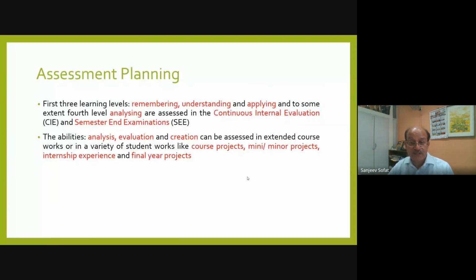No. This is where assessment planning comes in. You have to plan. We have to think about how exactly we plan for this particular assessment. Now, if you look at the first three levels, remembering, understanding, applying, and to some extent analysis based on the subject you're teaching, they are evaluated in the continuous internal evaluation and semester end examination, your end term examination.